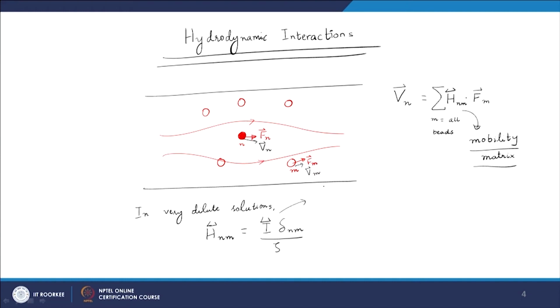This is a matrix that has ones along the diagonal and zeros everywhere else.